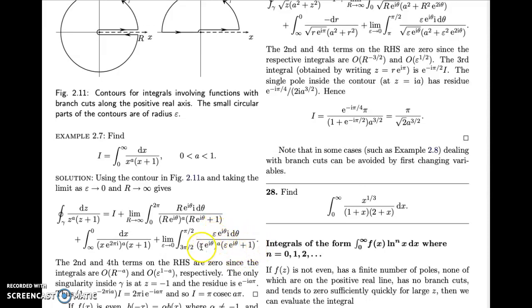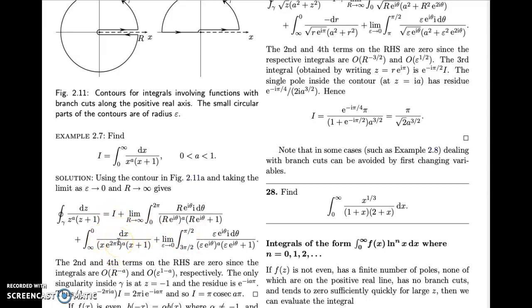We've got epsilon divided by epsilon to the a, so it's basically epsilon to the power 1 minus a, and as long as a is not more than 1, then this will go to 0 as epsilon goes to 0. So we're fine, these both go to 0, and we're left with the integral we want and this integral here.